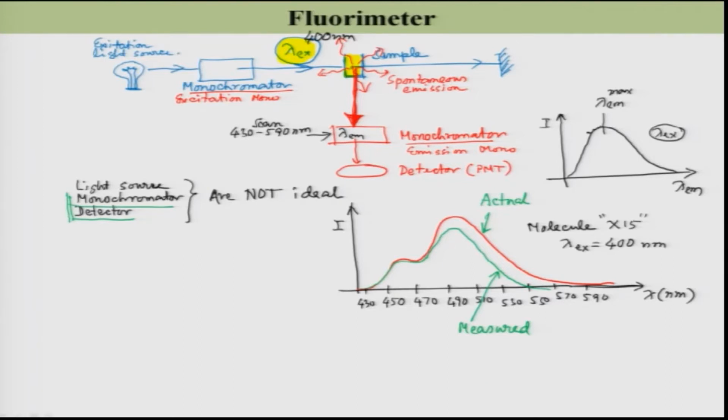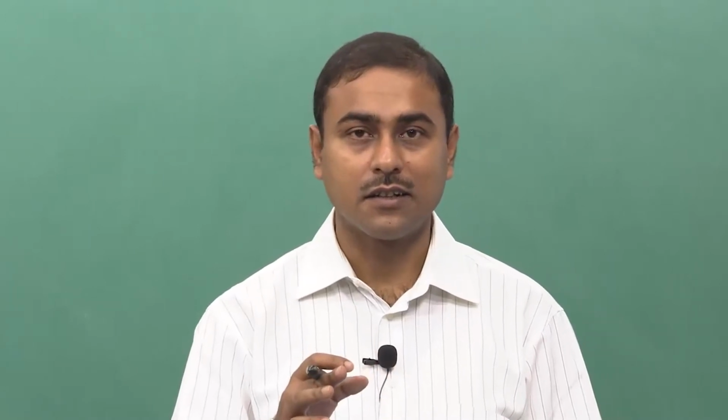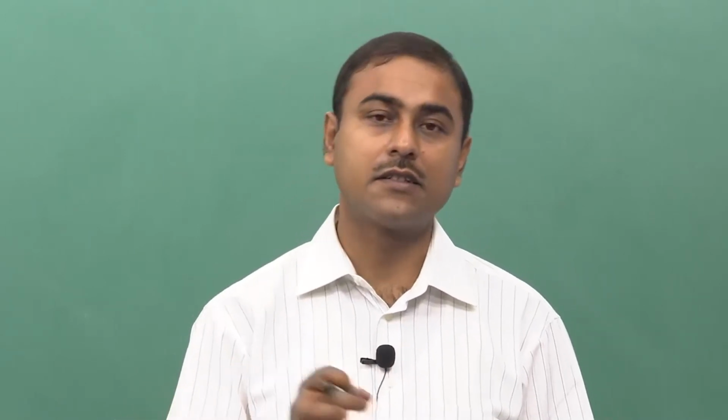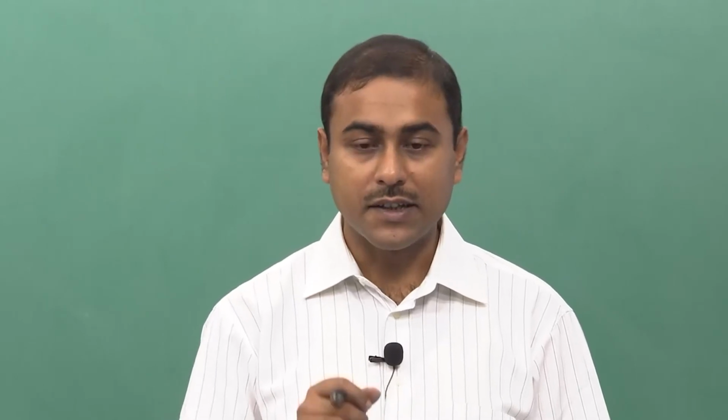Suppose I have this detector. So, the light intensity falls on the detector and it will generate the voltage. If the intensity is high, voltage will be high, if the intensity is low, voltage will be low. But if the same intensity of different color falls on the detector, it must give the same voltage.